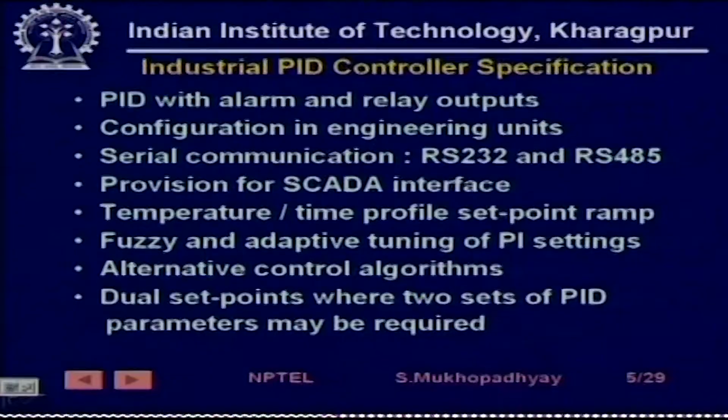Then sometimes you may require two different sets of PID parameters, so you need to give dual set points. On the same process you could use two different PID parameters, maybe depending on two different modes. For example, suppose there are heat cool PID controllers. Sometimes the same device has to heat, let us say a building.